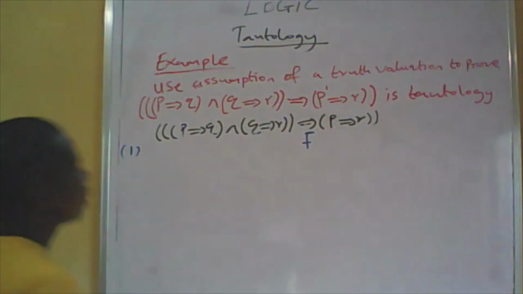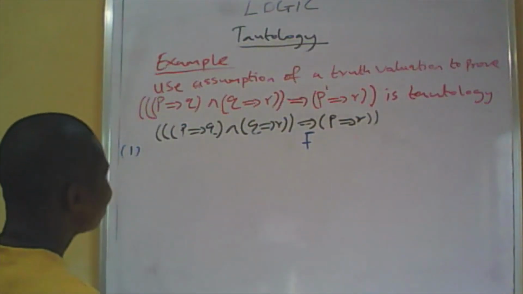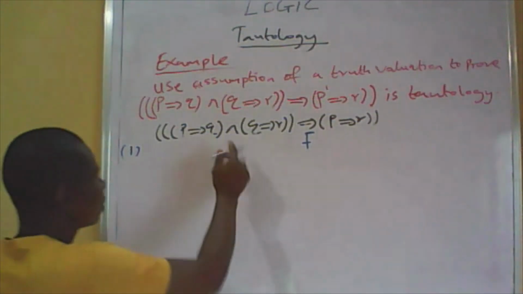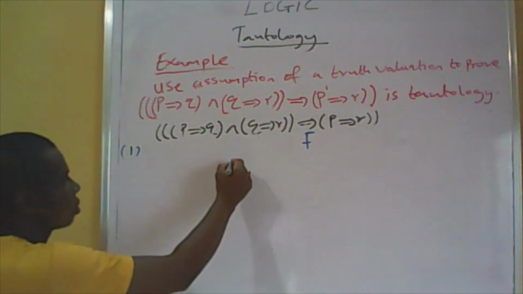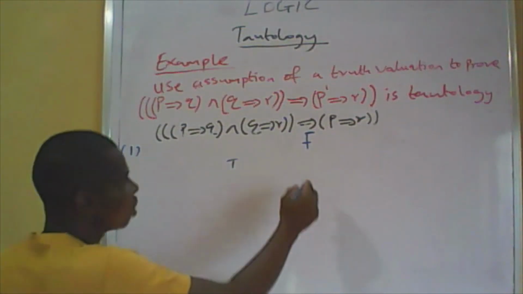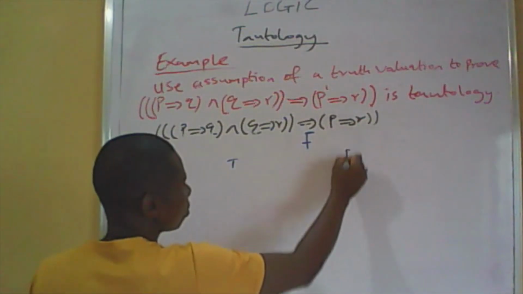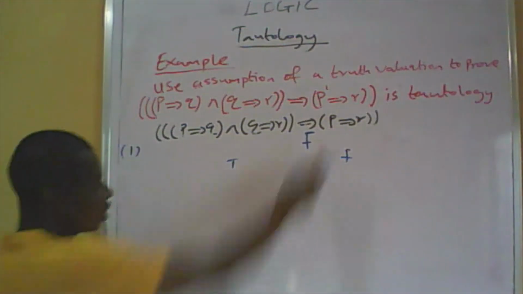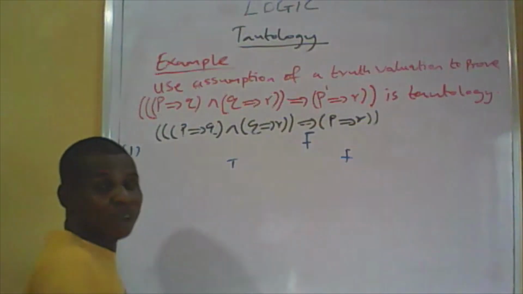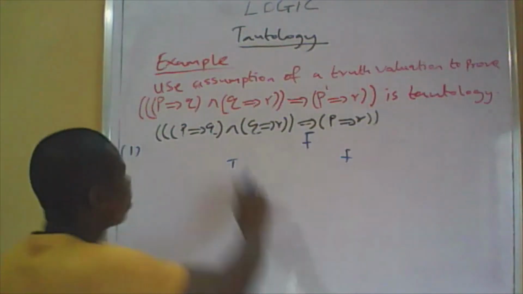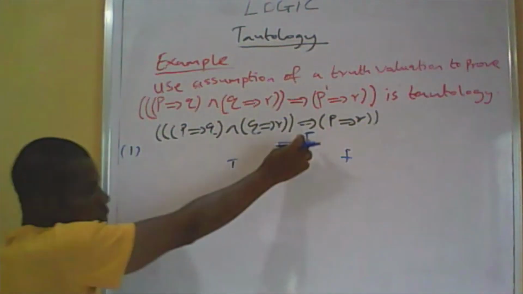Then, if that is the case, this statement here is true, this one is false. Alternatively, this statement, when it's being validated, will be false, while this one will be true, so it will be false.